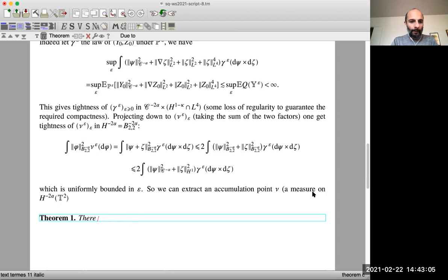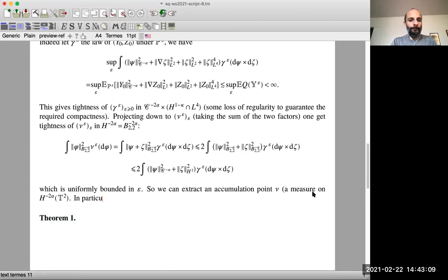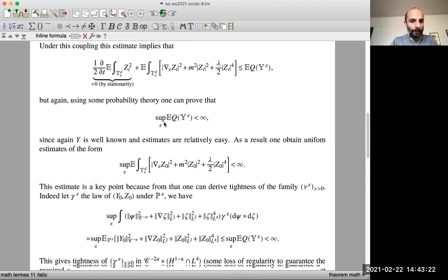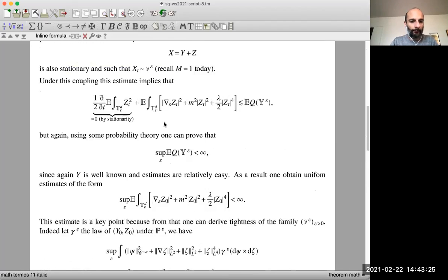So in particular, provided we take beta, let me write it this way. You see that there is already beta. Remember what we had done? I didn't write it down.